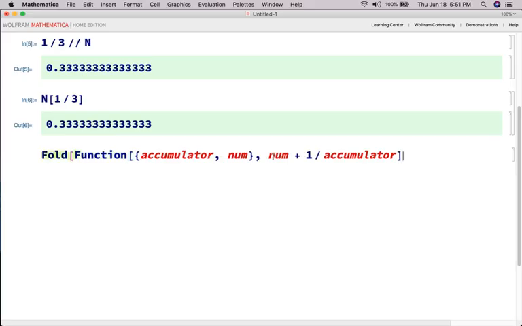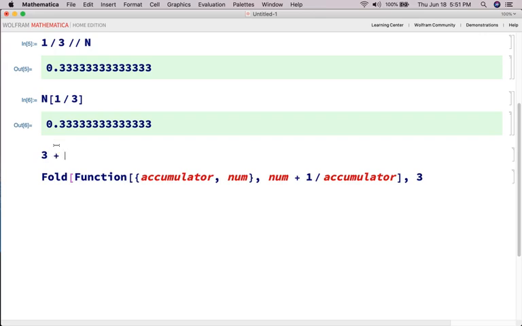Okay, my initial accumulator is simply going to be 3, because remember, it's 3 plus 1 divided by 3 plus 1 divided by 3 plus, etc., etc. It goes on and on and on for as long as you want. Here we don't need that part right there.